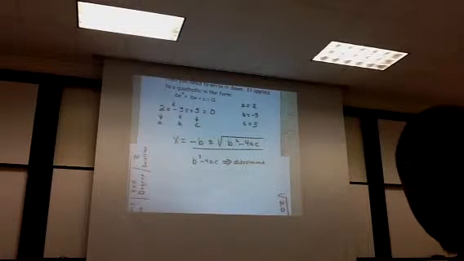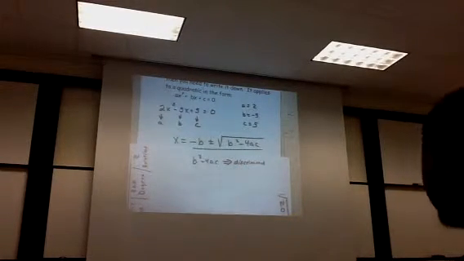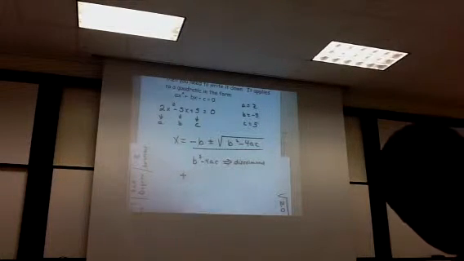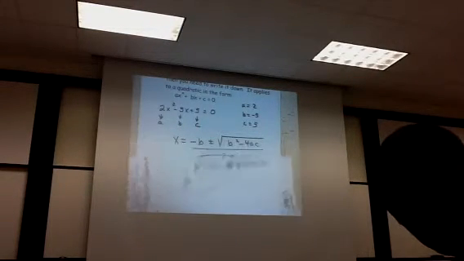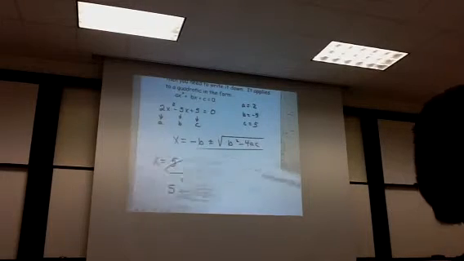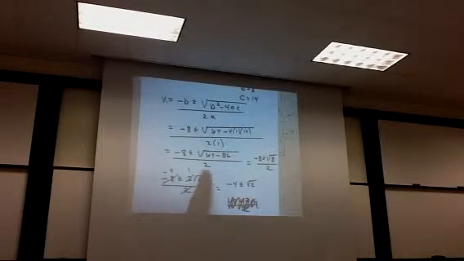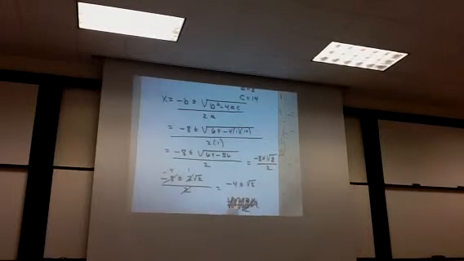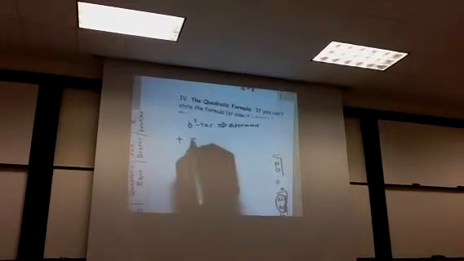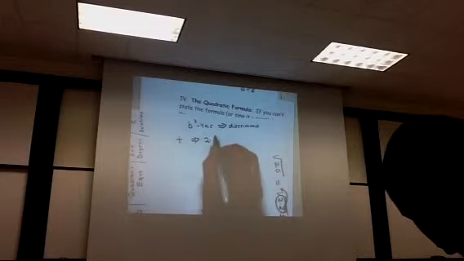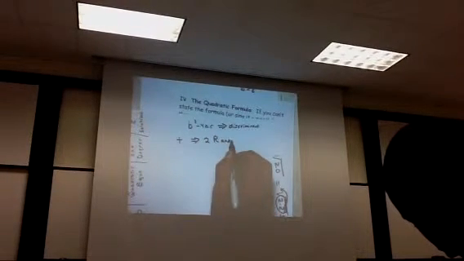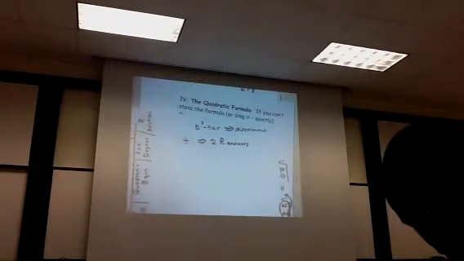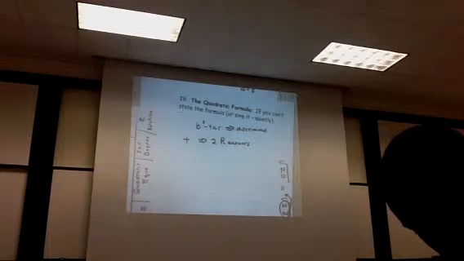So here's what you got. If your discriminant is positive, which it was in the last case we worked, then I get two real number answers.